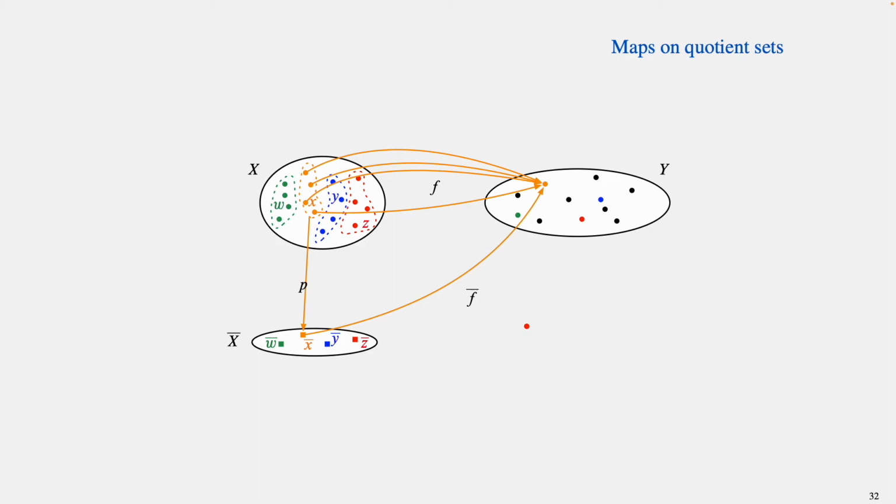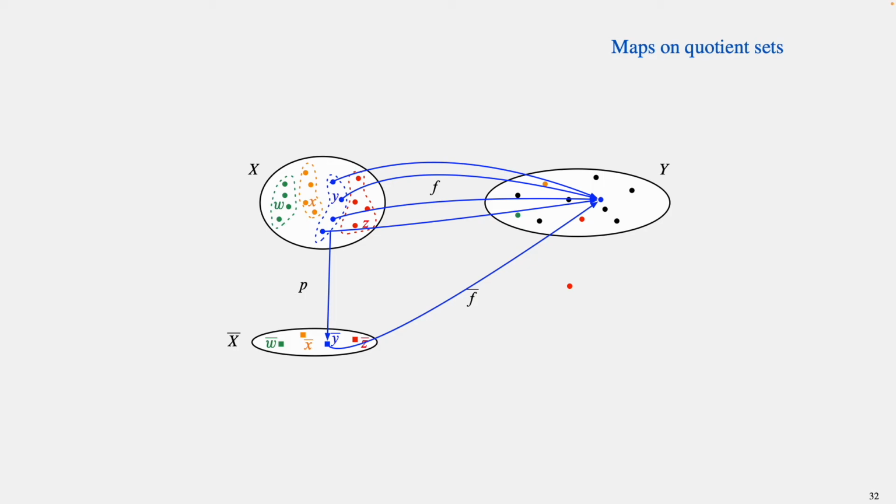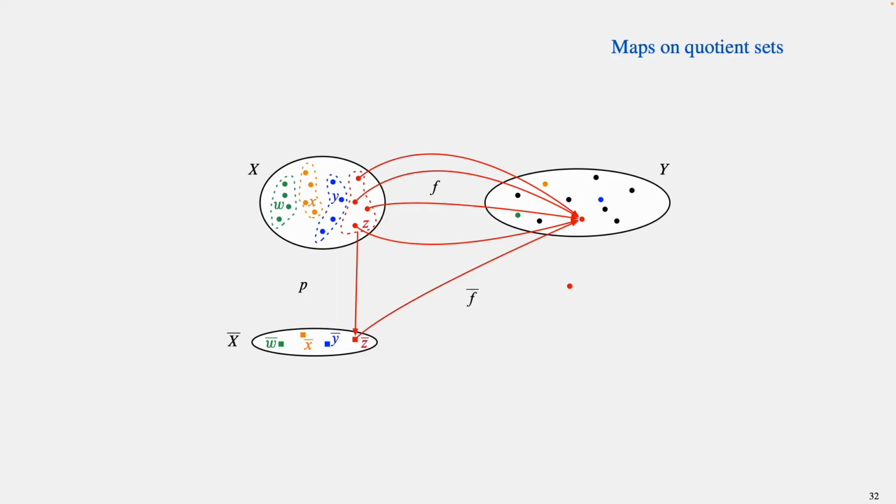And this has to be true for all the equivalence classes in X. So if this class gets mapped to a different element, then we can just take the class in the quotient set and map it to that one, and similar for this and for that one.